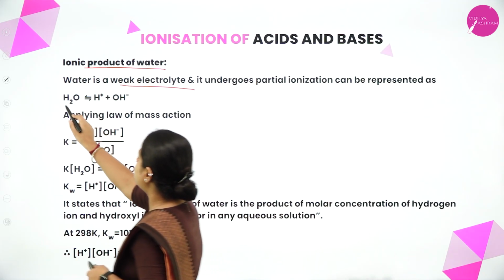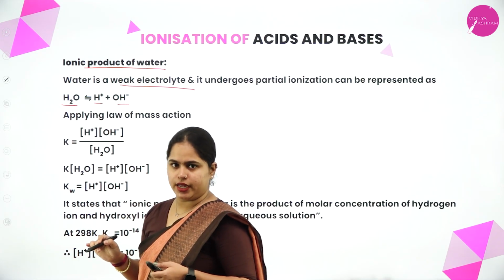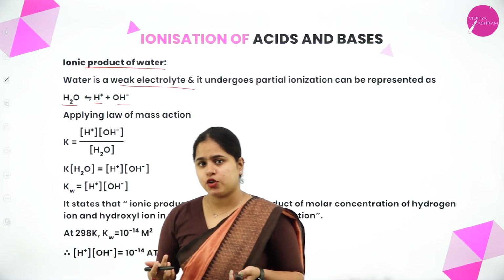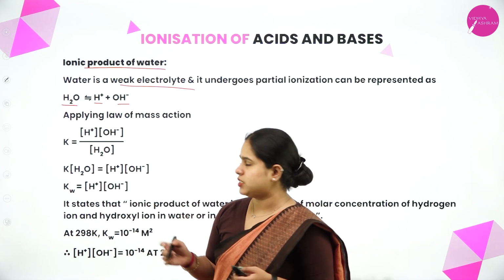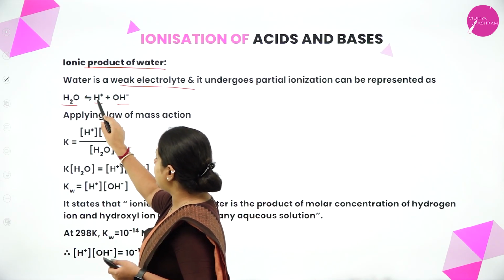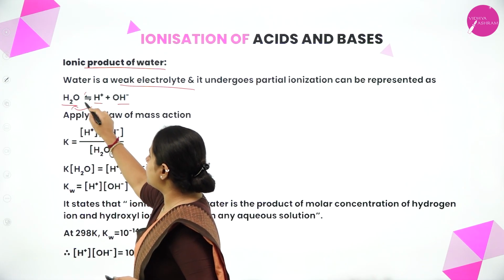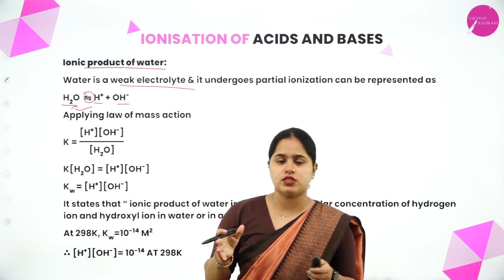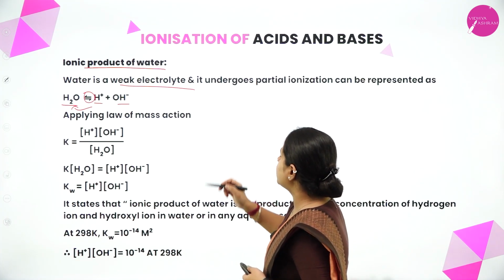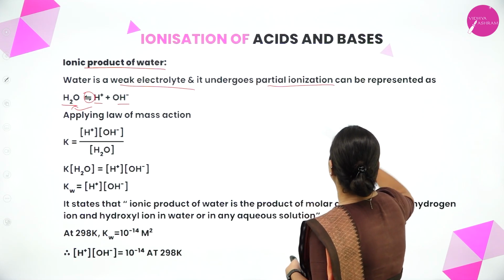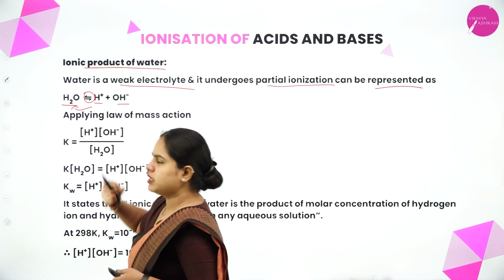That means water will get dissociated into H plus and OH minus ion, right? And it is a weak electrolyte, which means it is not getting completely dissociated into H plus and OH minus. So that is why you can see at the same time H plus and OH minus will combine and form back H2O. So that's why you can see a double arrow here, which shows that it is under equilibrium, right? So this is called ionic equilibrium. So it is a weak electrolyte and it undergoes partial ionization and can be represented in this form. Okay, so this is what you can see from here.